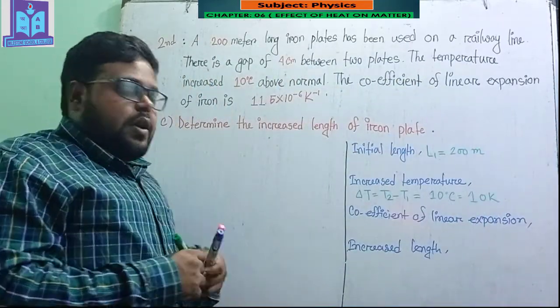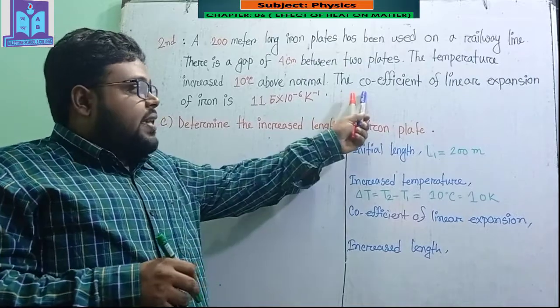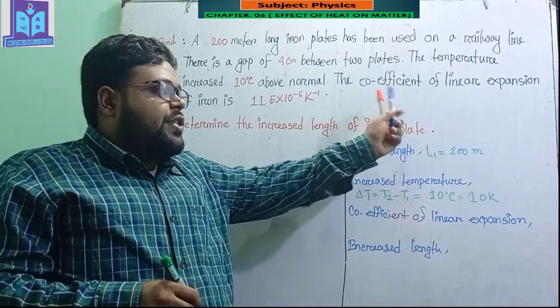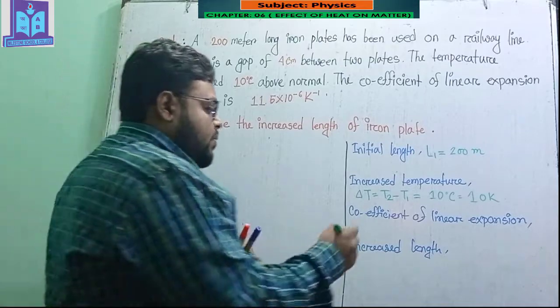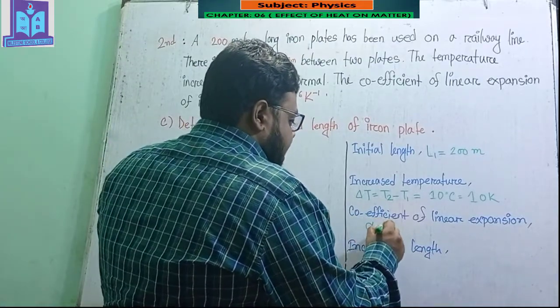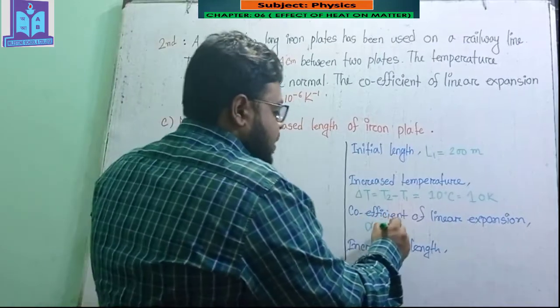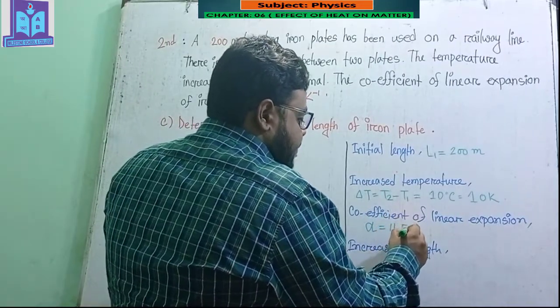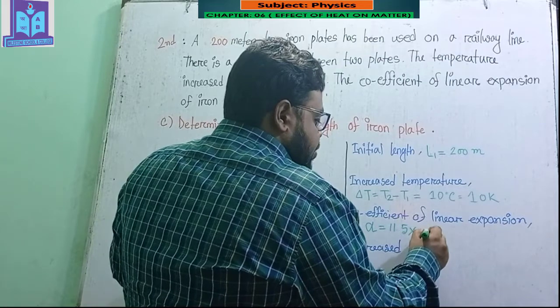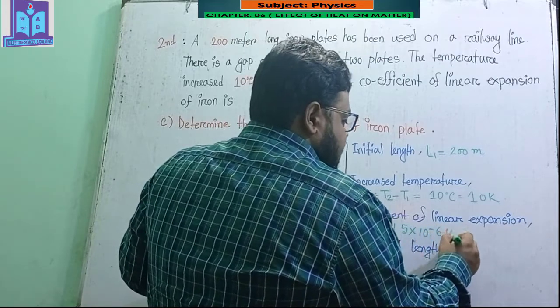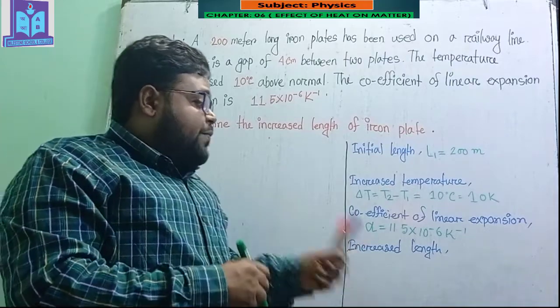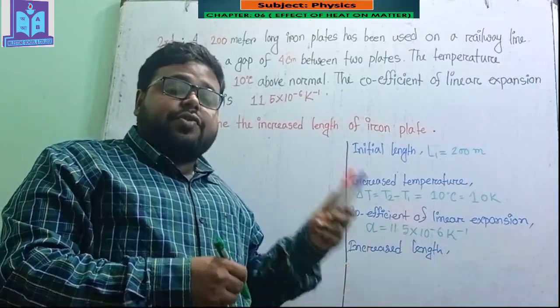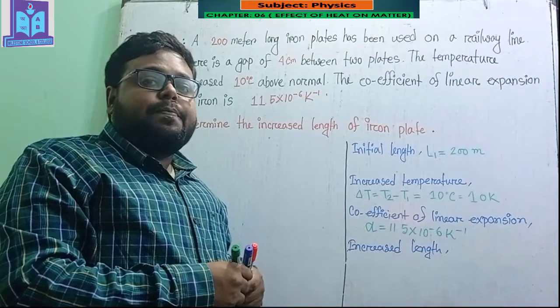Also the coefficient of linear expansion of iron is alpha equals 11.5 into 10 to the power minus 6 per Kelvin. And I have to find out the increased length of this iron plate.